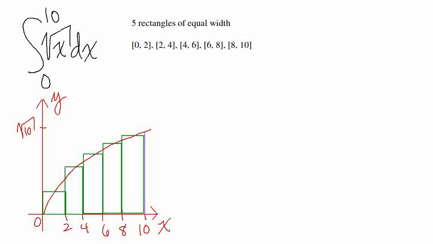Okay, so all the rectangles have a width of 2. And the leftmost rectangle has a height that corresponds to the square root of the number in between 0 and 2, so the square root of 1. The next rectangle has a width of 2 and a height that corresponds to the square root of the number in between 2 and 4, so the square root of 3.